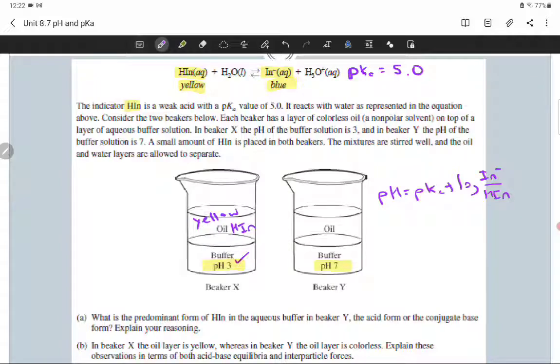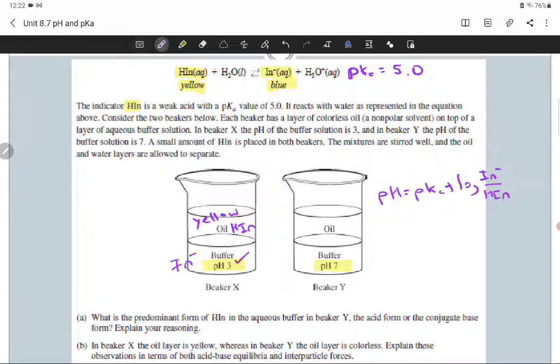With beaker Y, it says the oil layer is colorless. So that means that the HIn has to be there. Oh, actually, we'll just leave that out for a second. If the HIn in beaker X is in the oil, that means that the water layer has that.